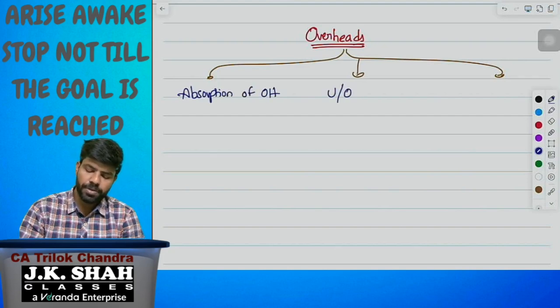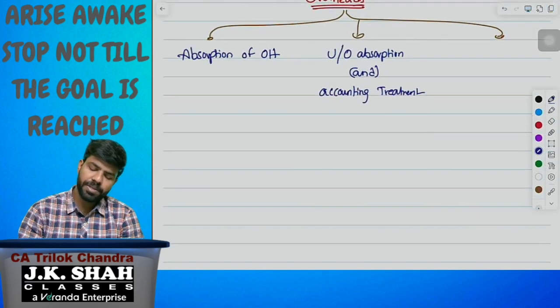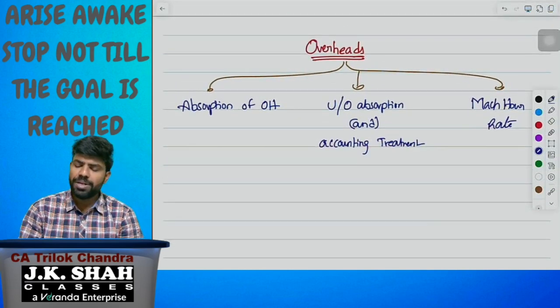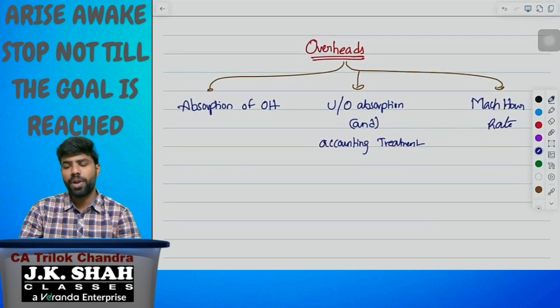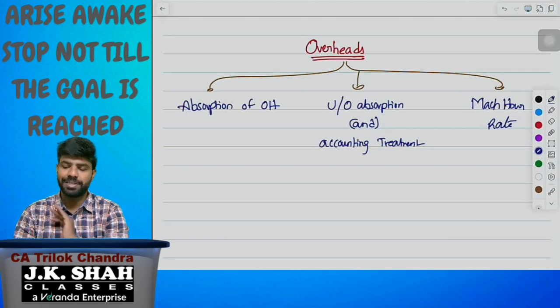Number two, under or over absorption and accounting treatment. Number three, machine hour rate. These are the only three concepts in case of overheads. One is absorption of overheads, second under or over absorption and its accounting treatment, at last machine hour rate.